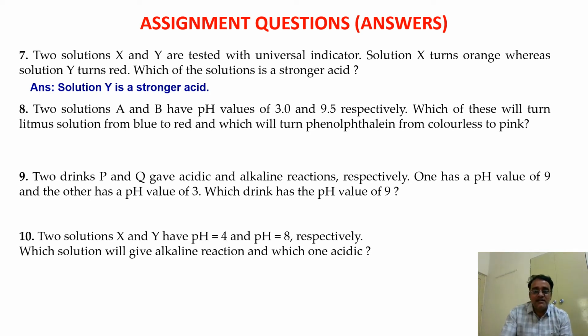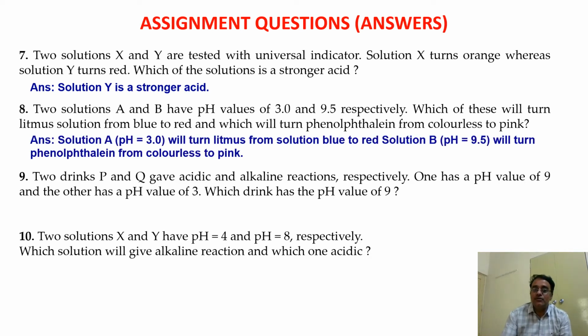Two solutions A and B have pH values of 3.0 and 9.5 respectively. Which of these will turn litmus solution from blue to red, and which will turn phenolphthalein from colorless to pink?